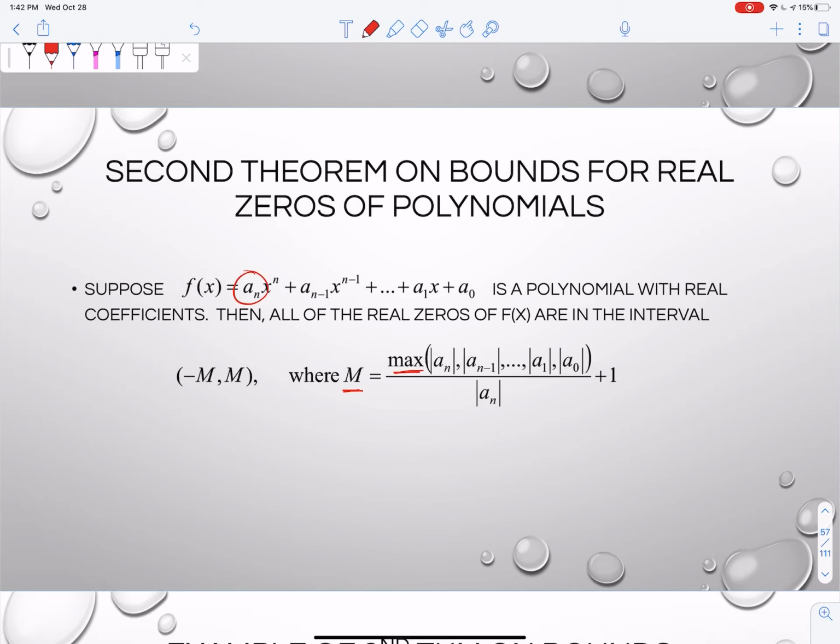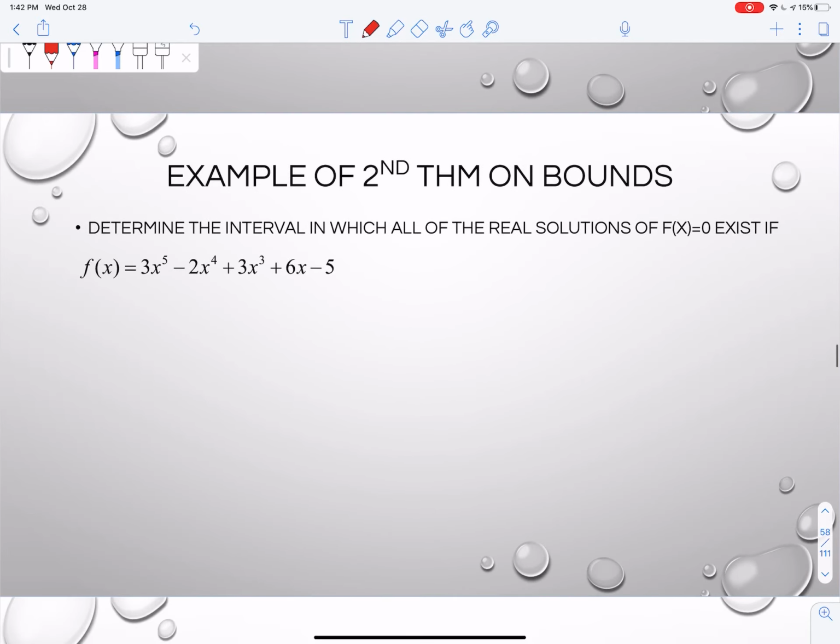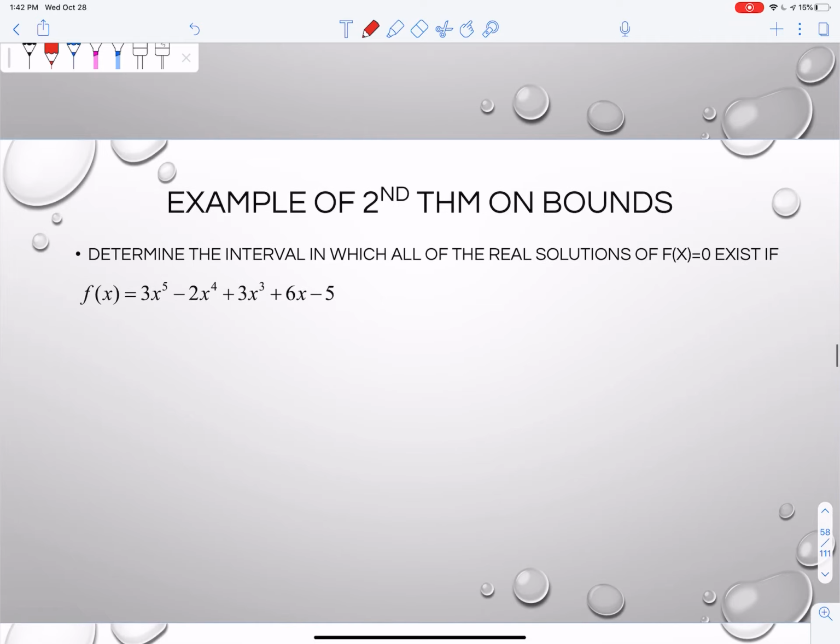So once we have our rational zeros list, we can take a look at the second theorem on bounds. There's sometimes I skip this, okay? But we can take a quick look at it and come up with that interval -m to m and see right off the bat, are there any values that I can scratch off my list right away? So let's do an example real quick. Here I have the following function to evaluate the second theorem on bounds. So let's do rational zeros theorem.